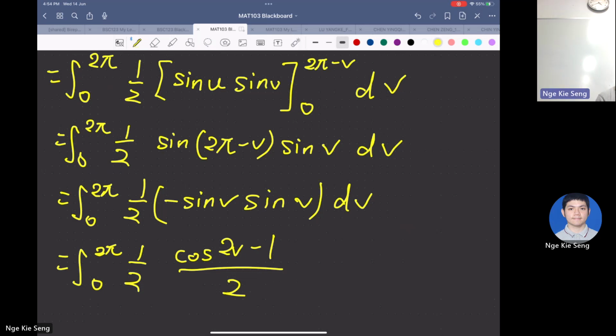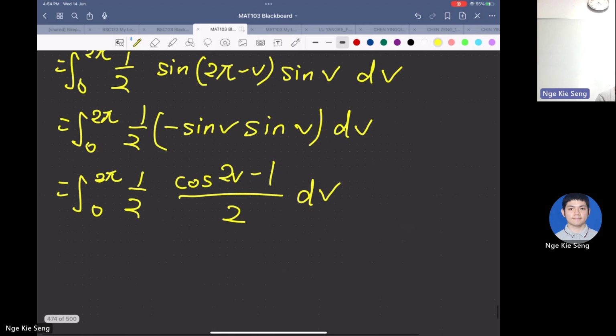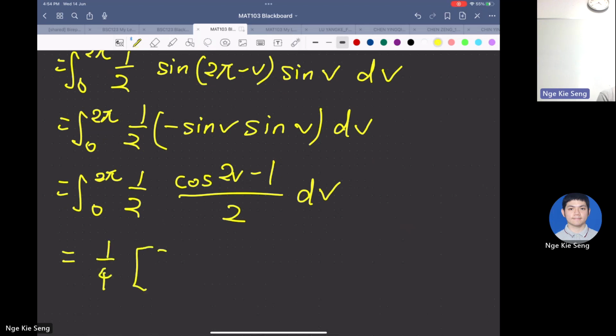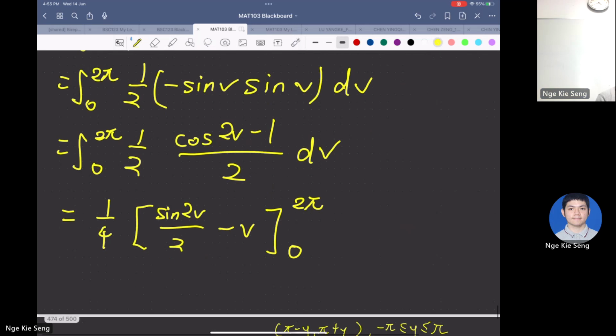And then continue, just integrate this. You get 1 over 4 of sine 2v over 2 minus v, from 0 to 2 pi, which is equal to negative pi over 2.